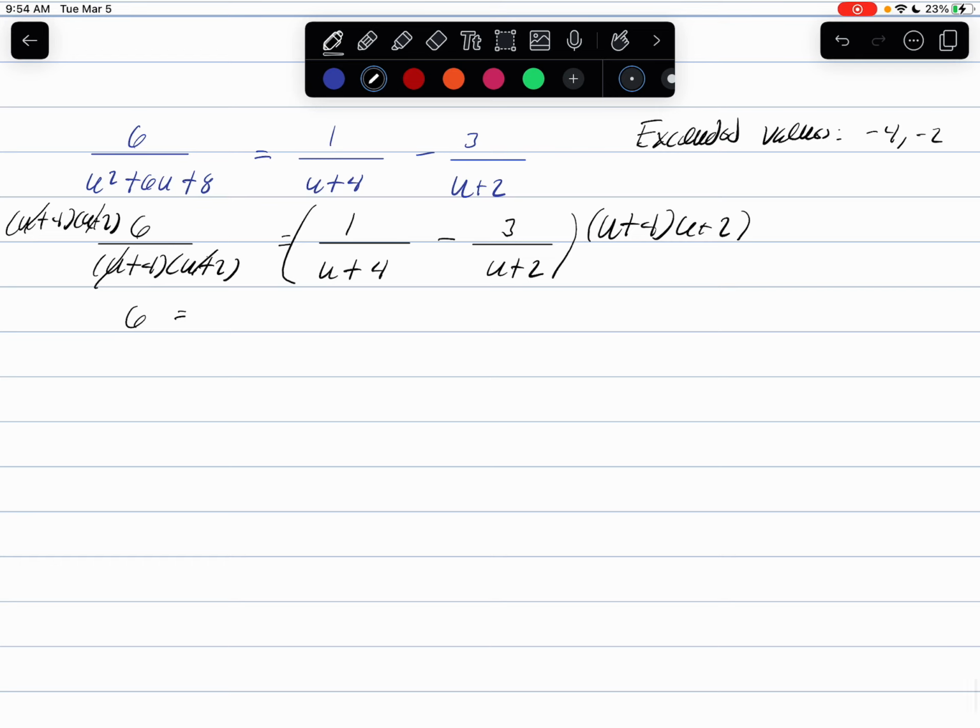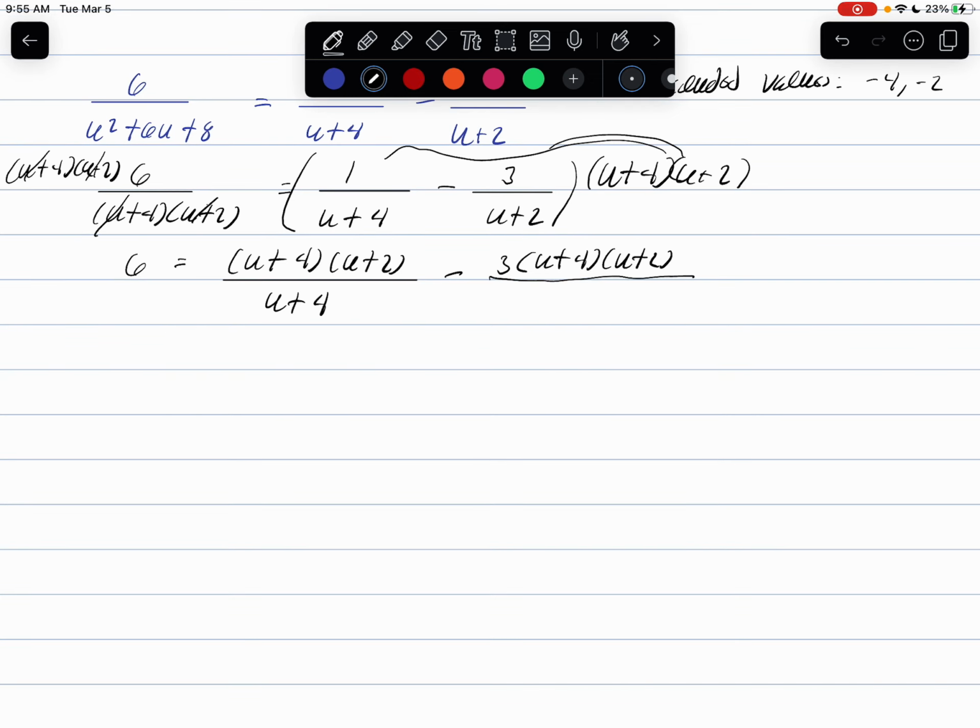Now we can go ahead and multiply. You can distribute this here, okay? So that's going to give us u plus 4 times u plus 2 over u plus 4 minus 3 times u plus 4 times u plus 2 over u plus 2.